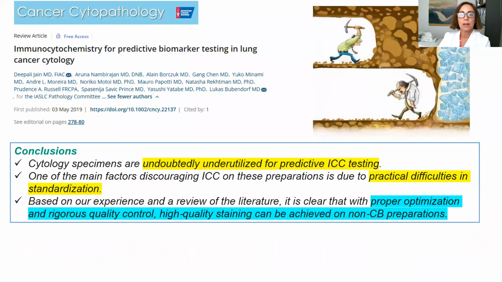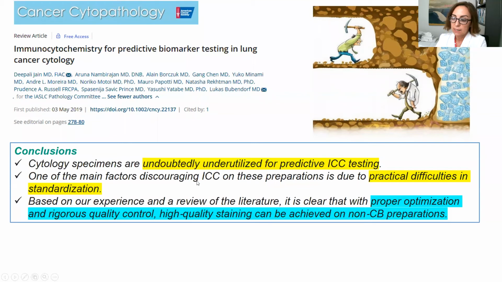So in this paper published by the International Association for the Study of Lung Cancer, by the group of pathologists, they make some interesting conclusions. They said that without any doubt, cytology specimens are underused for predictive immunocytochemistry testing.